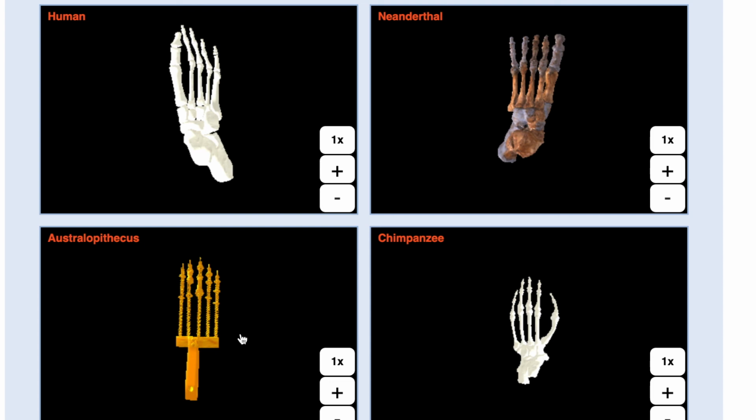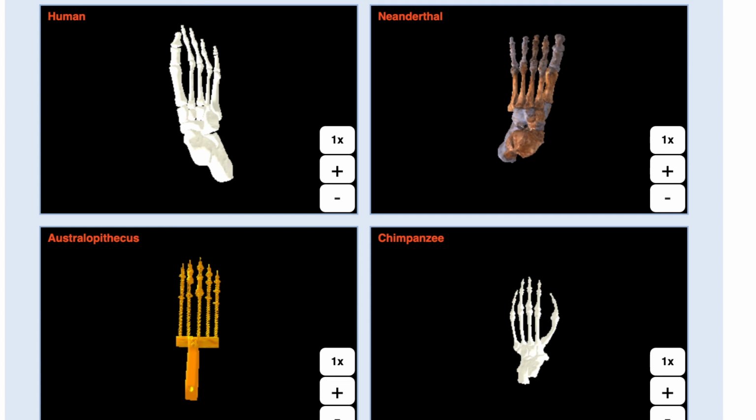The reason why this is important is because having an opposable toe can help you while climbing trees, but actually would not be helpful at all while you're walking bipedally or walking on two legs. And so we're going to be thinking about these different species here and whether or not they have feet that look like a tree climber, or whether their feet look more similar to a modern human and would indicate bipedal locomotion, or walking around as a biped.